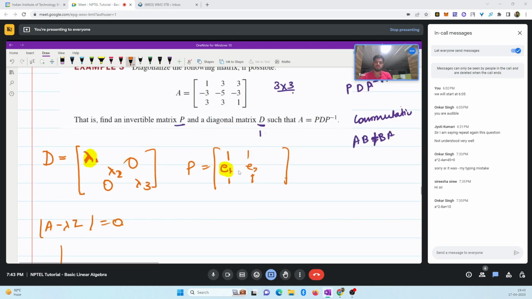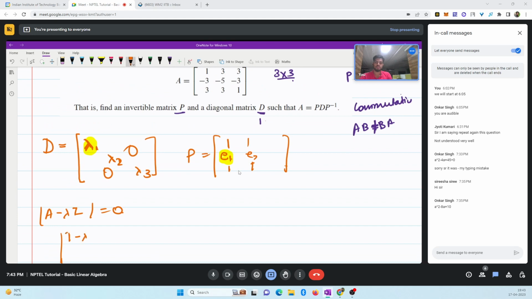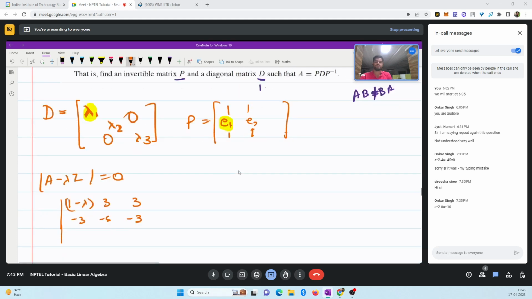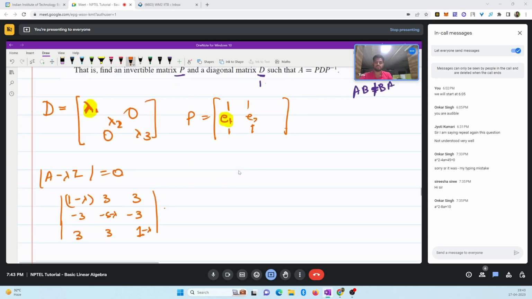This is the same as 1 minus lambda, 3, 3, 0, and 3 minus 2 minus lambda.